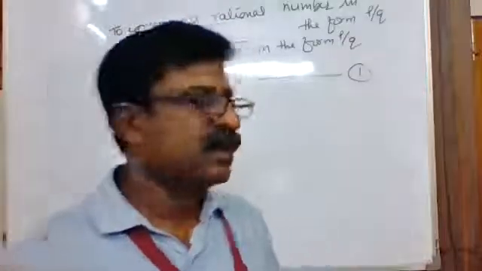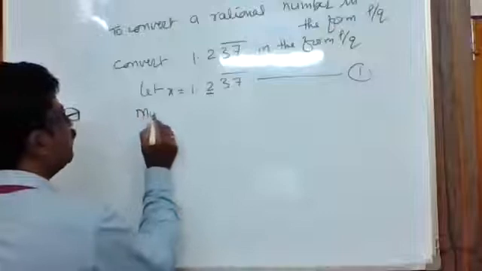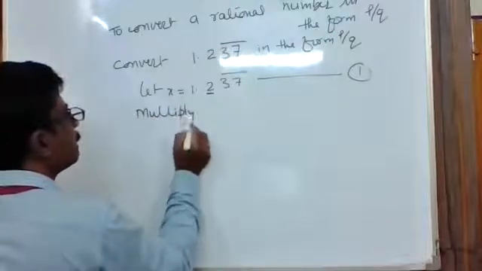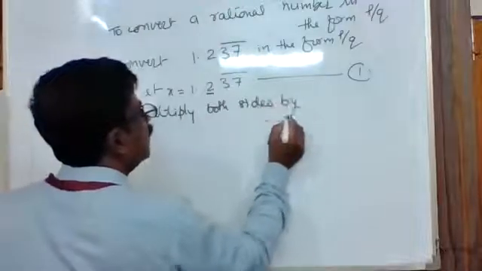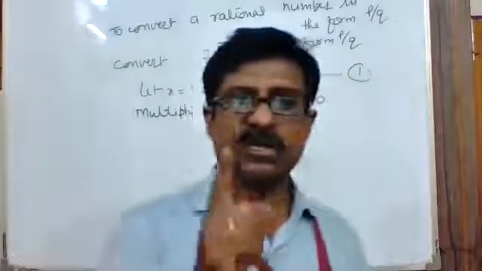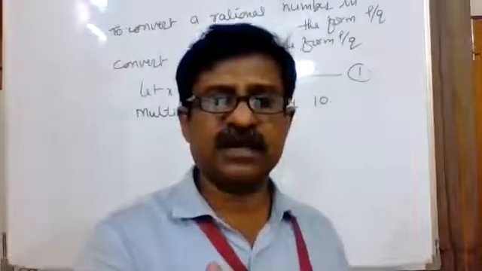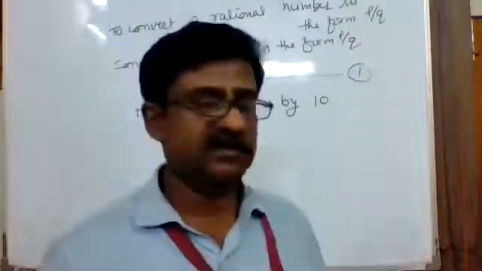If there is only 1 digit which is not having the bar, then we multiply both sides by 10.